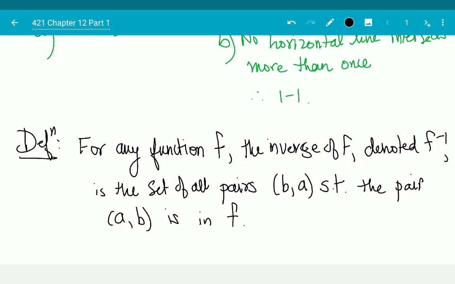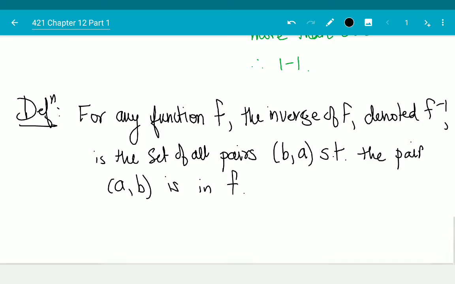Similarly, our definition of a pair (a, b) in f was that b is equal to f of a. So this is my formal definition of f inverse.